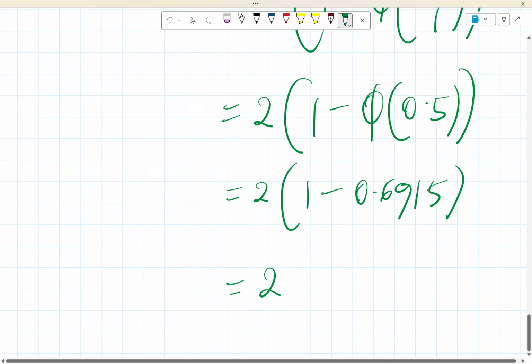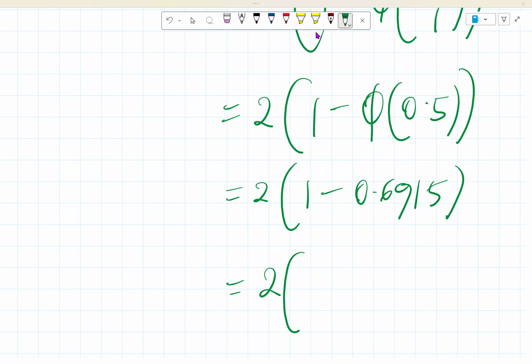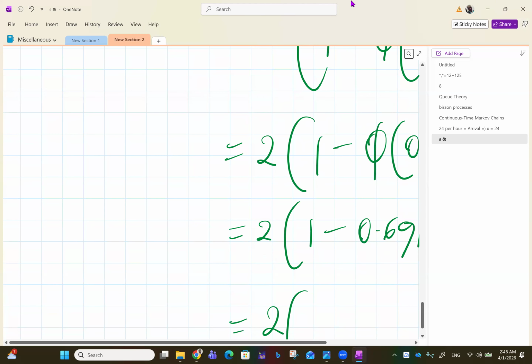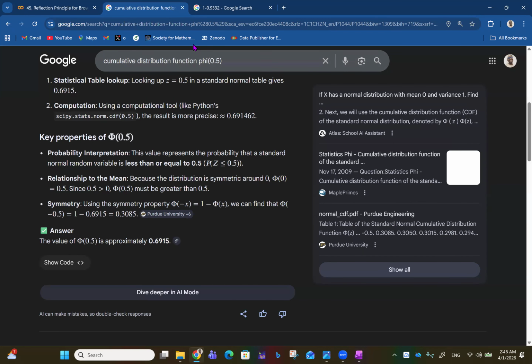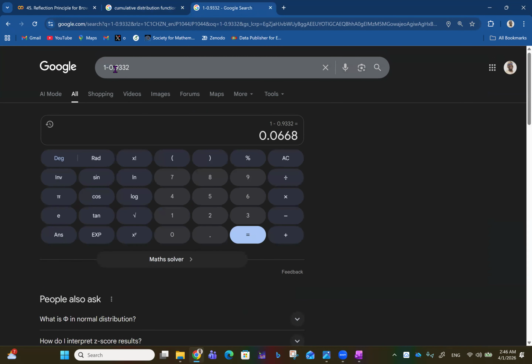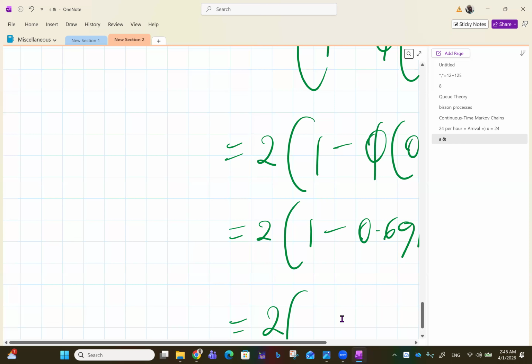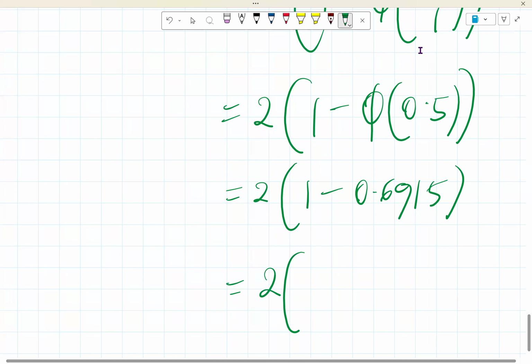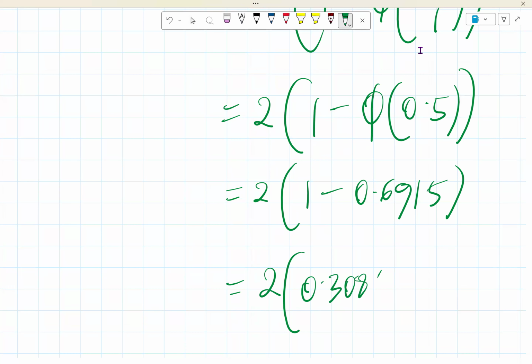So that is 2 into 1 minus 0.6915 is the next thing. 1 minus 0.6915 is 0.3085.